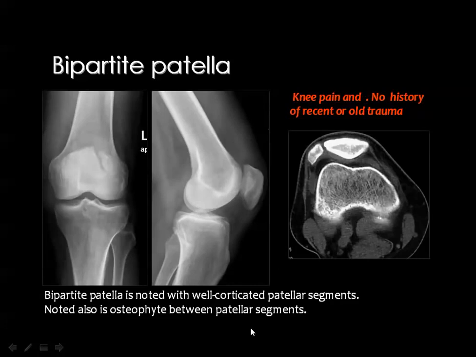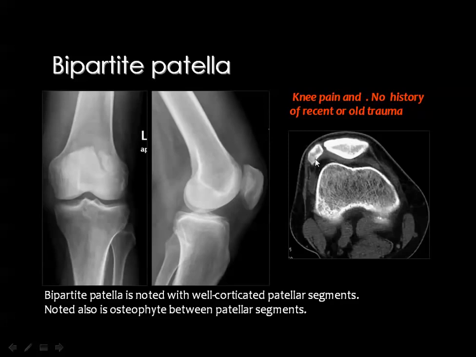Bipartite patella means that the patella is composed of two parts, and very frequently this may be mistaken as a fracture of the patella. But if you look carefully, you can see that this is the full-blown picture of the normal patella. There are no missing parts in the patella itself.